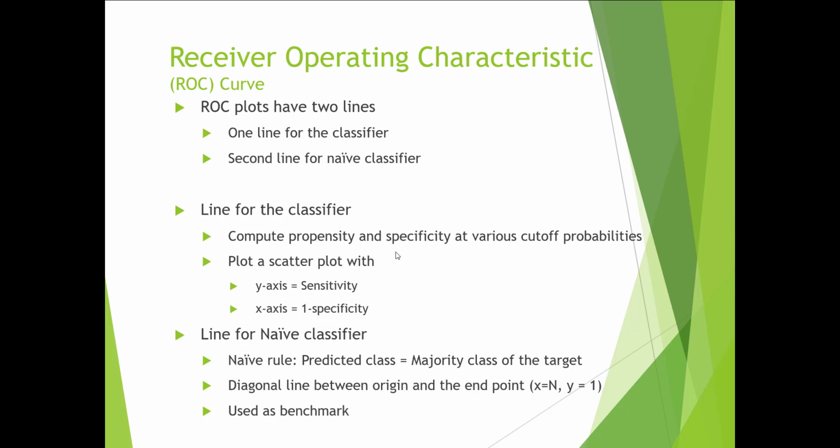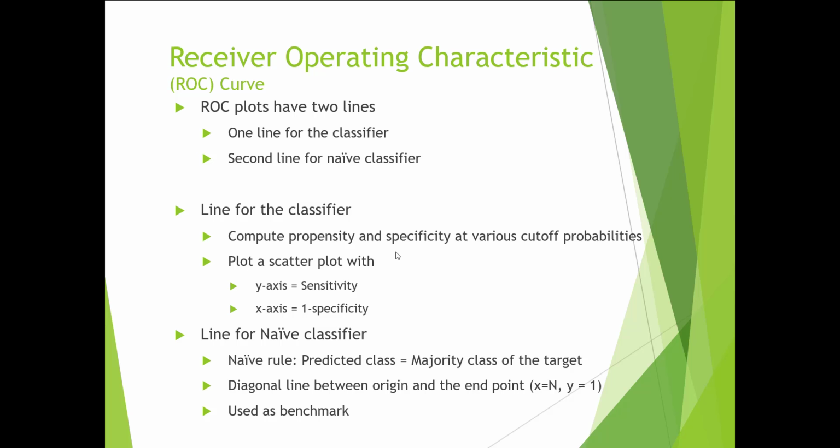Okay. So what is a naive classifier as opposed to a regular classifier? A naive classifier is one where you classify all the observations as the majority class. So you take a look at the data set and you have the target and there are zeros and ones, right? Event and non-event.